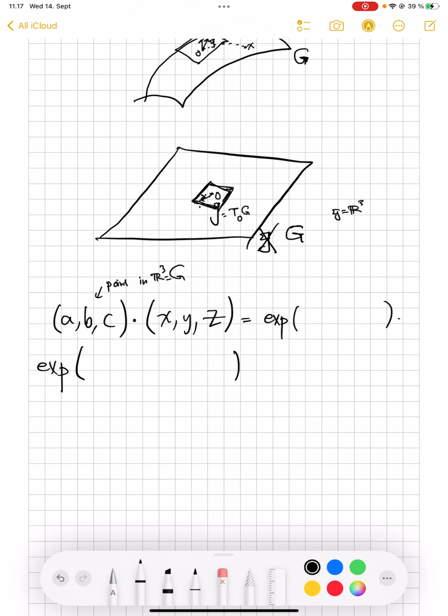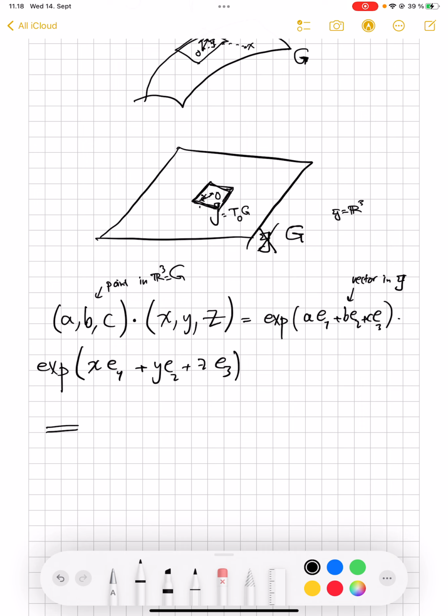But now we have to treat it as a vector. That's why I want to write it as aE1 plus bE2 plus cE3. So this is a vector in the Lie algebra. Of course, they are the same things, but remember, even in doing basic calculus, sometimes it's important to treat a value as a point and at other times as a vector. xE1 plus yE2 plus zE3.